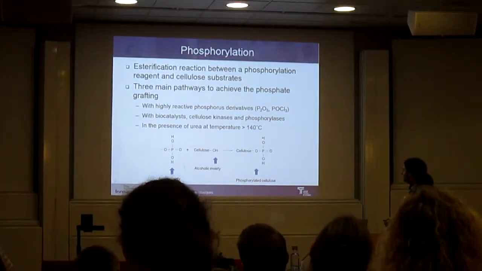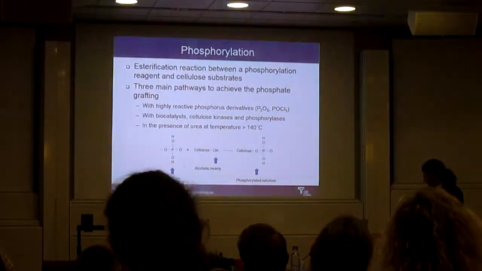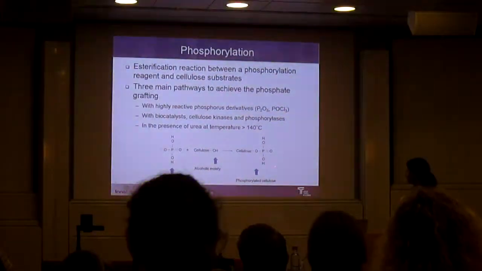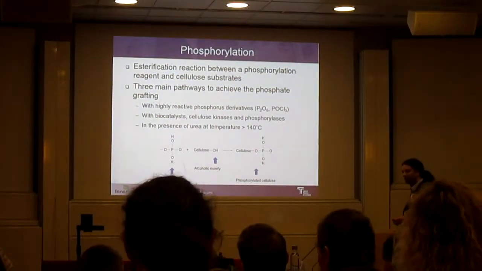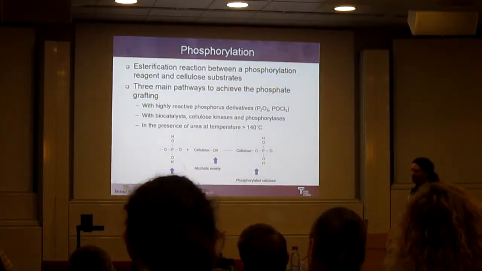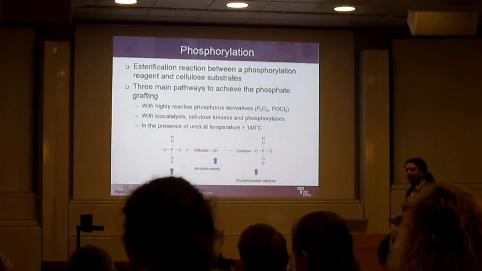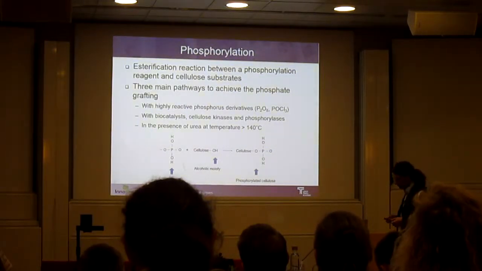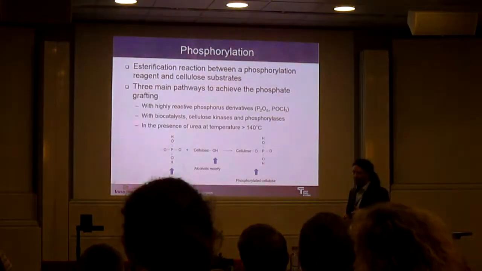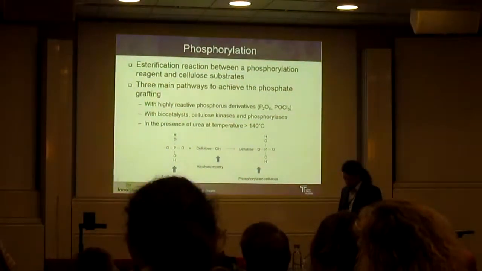What is special with this polar moiety we graft to the cellulose is that phosphate comes with 2 acidic OH hydroxyl functions, which allows us to exchange with a whole spectrum of cations and to tailor-make all the applications we need.